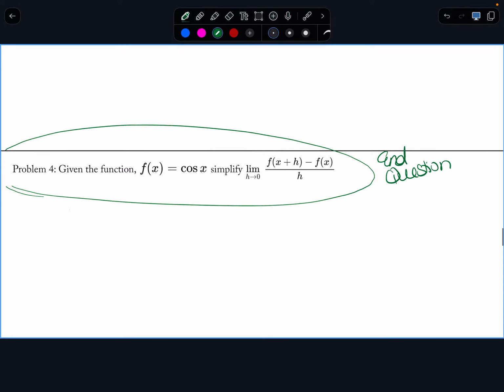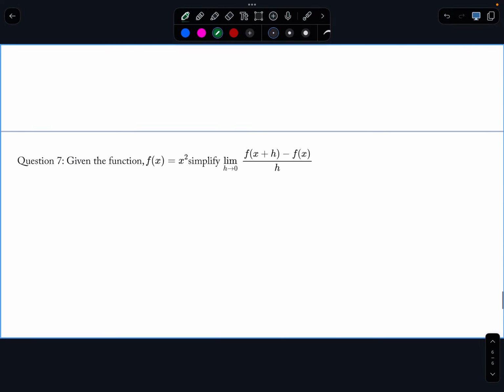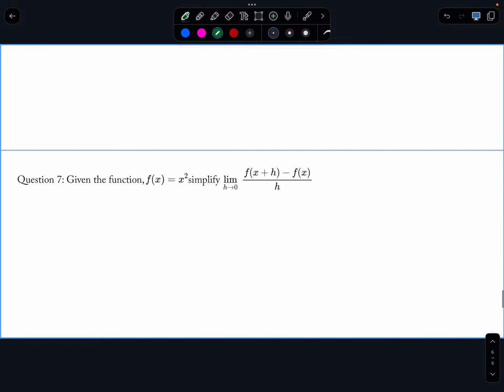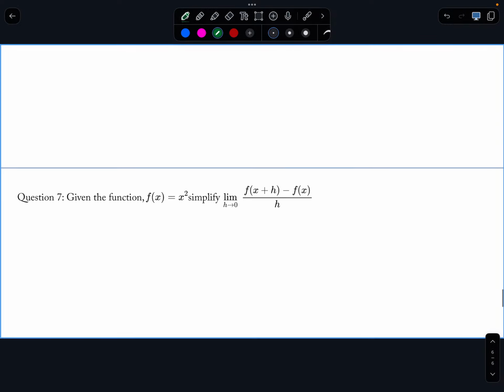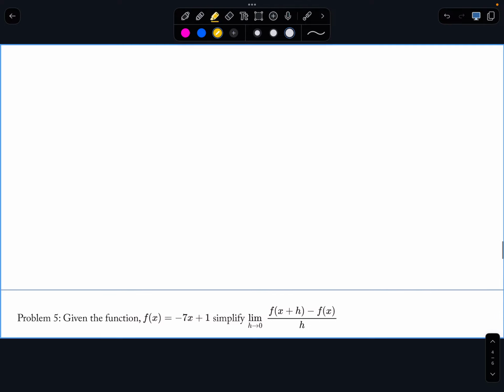Okay, and then you have this question, and then you have this question, and then you have one more, right? So if I was trying to prepare for a beginning question tomorrow, not to say that I'm ever going to check these, I would have probably done this one, problem 6.